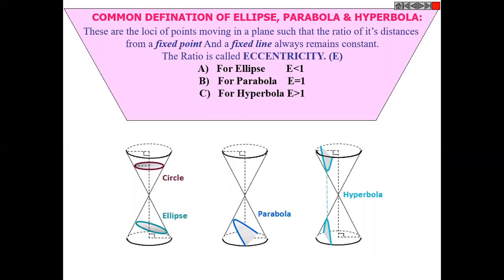This ratio is called eccentricity, E. For the ellipse, E is less than 1. For the parabola, E is equal to 1. And for the hyperbola, E is greater than 1. So these are the differences.